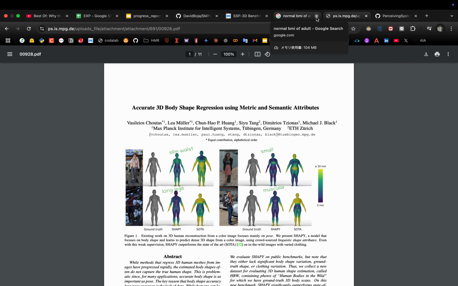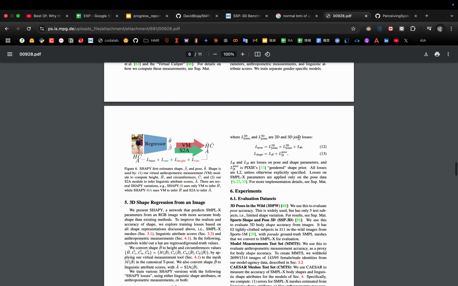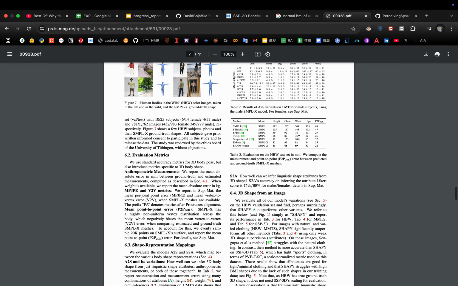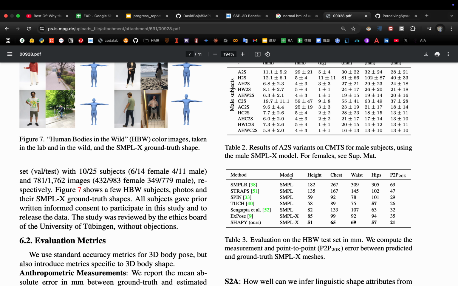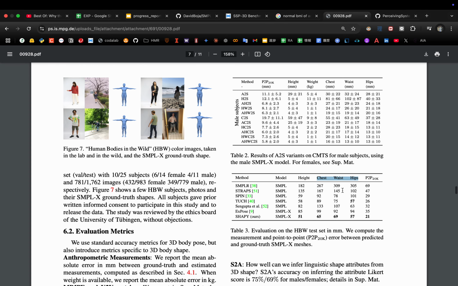The only metrics are the measurements related to height and the three circumferences, and of course the vertex-to-vertex error.